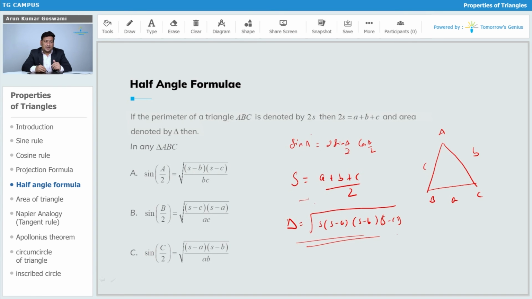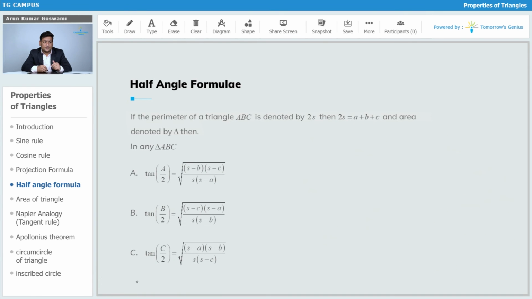So when we have sine and cos, as we know tan A by 2 is nothing but sine A by 2 divided by cos of A by 2. Since we know both the values, sine A by 2 and cos A by 2, we can easily write it.